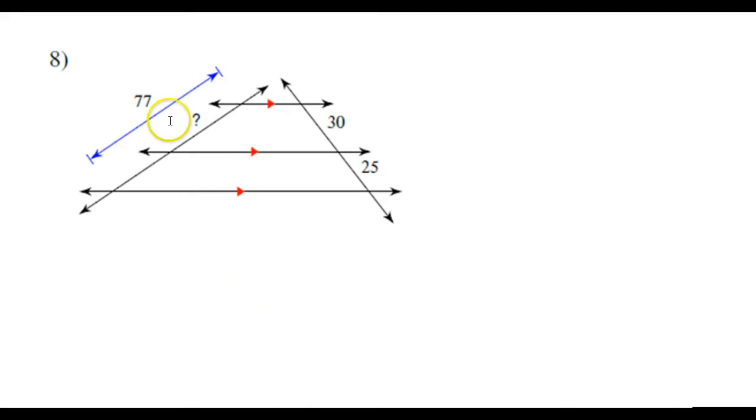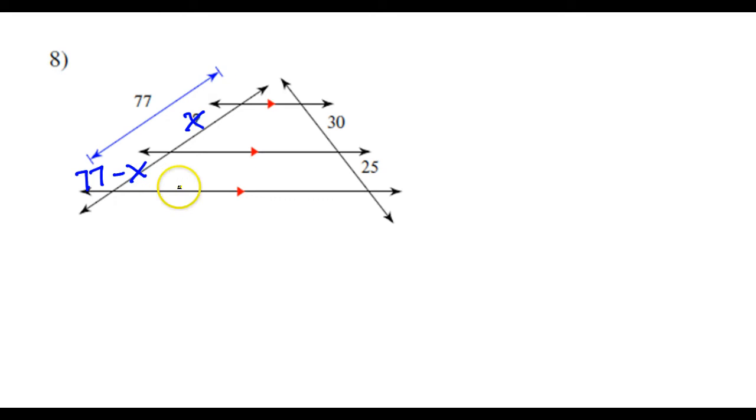So here we're supposed to find this. So let's go ahead and call that x. But if this is x, what would be an expression for the other portion? Looking at the whole, this is going to be 77 minus x.